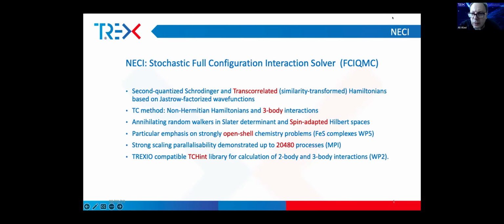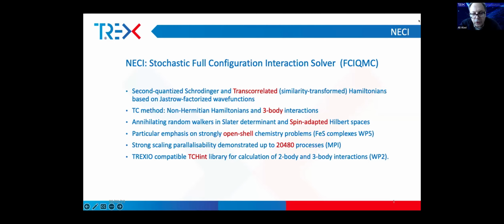The underlying algorithm which it uses to solve the full CI problem is full CI quantum Monte Carlo, which borrows heavily from diffusion Monte Carlo concepts that work within a real space description. So it imports into quantum chemistry, so to speak, diffusion Monte Carlo type concepts. But it solves the full CI problem, the quantum chemical Schrödinger problem.